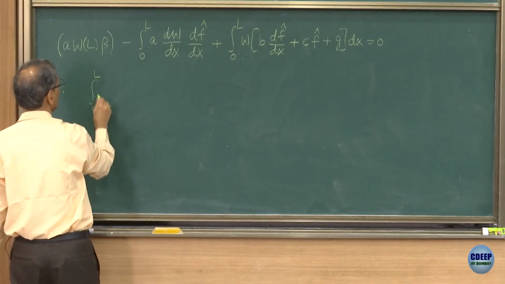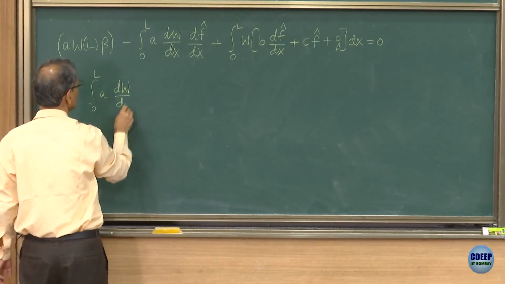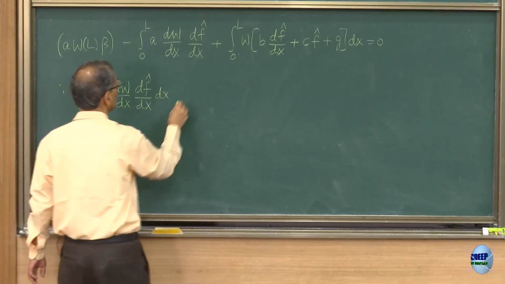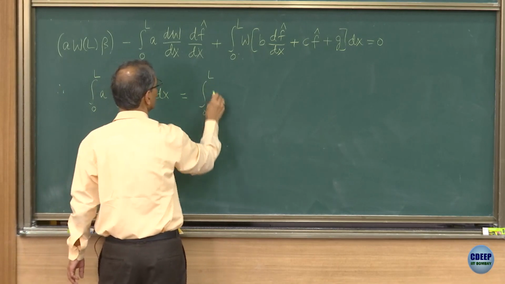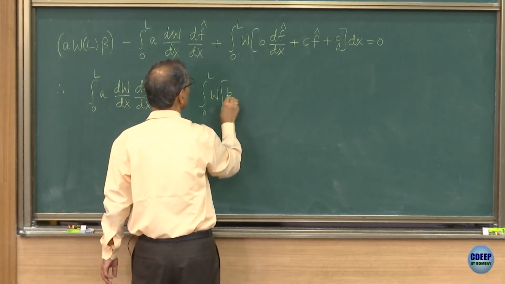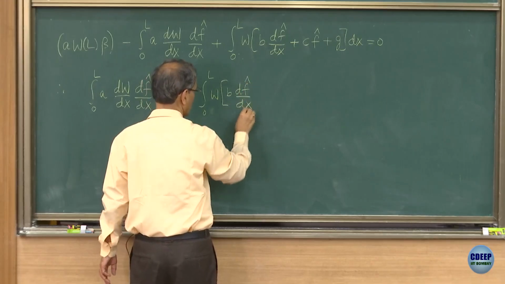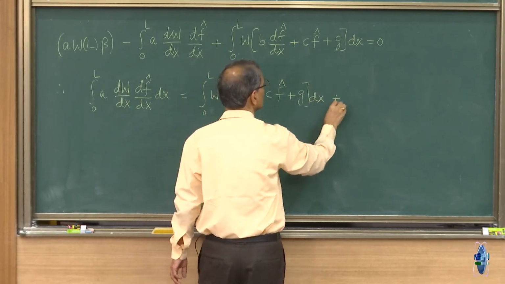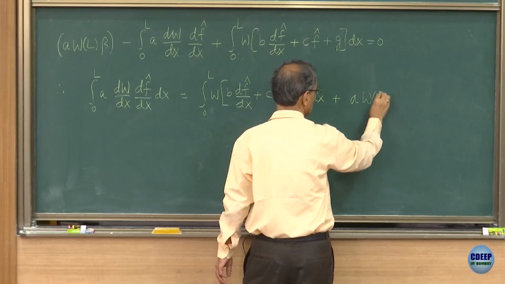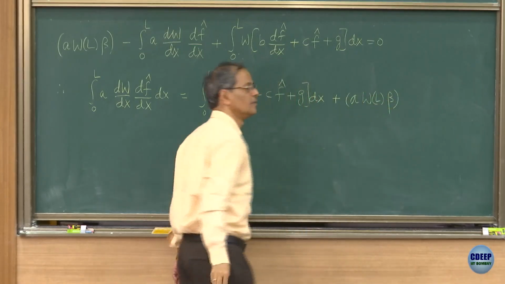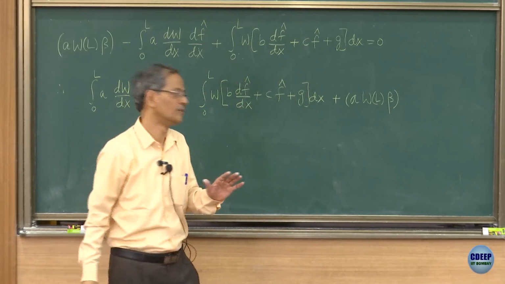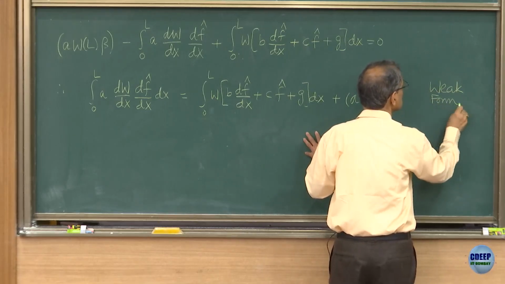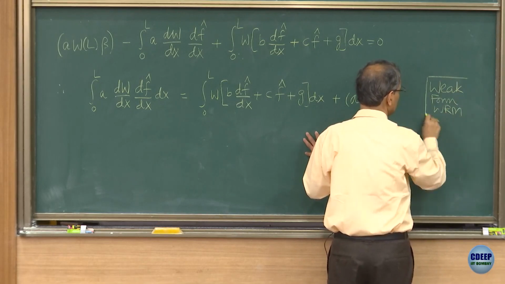So integral 0 to L a dw by dx df hat by dx is equal to integral 0 to L. This is our weak form, weighted residual statement.